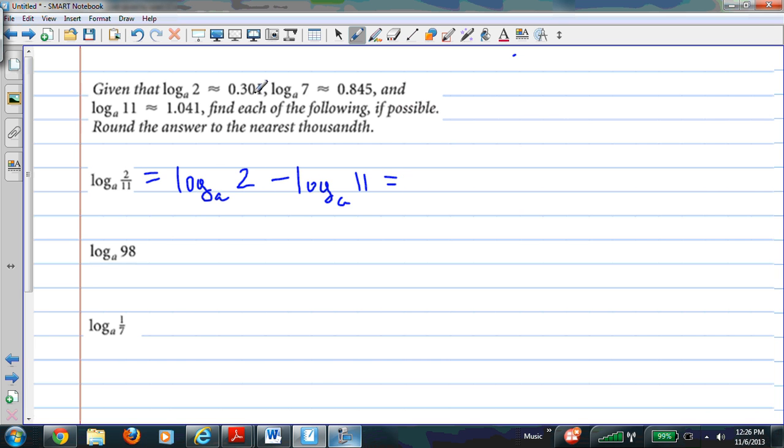Now log base a of 2 is given as approximately 0.301, minus log base a of 11, which is given as 1.041. I can use my calculator to compute that.